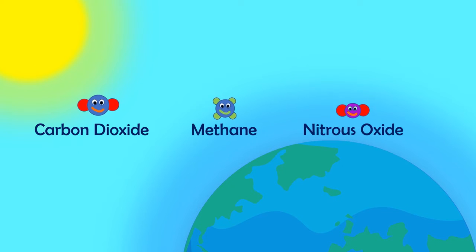No, this is another great question, and it helps us understand why we must consider the minor greenhouse gases as well as carbon dioxide. In fact, carbon dioxide is the weakest of all the greenhouse gases in terms of climate impact.